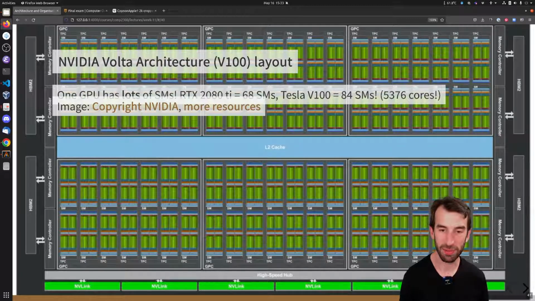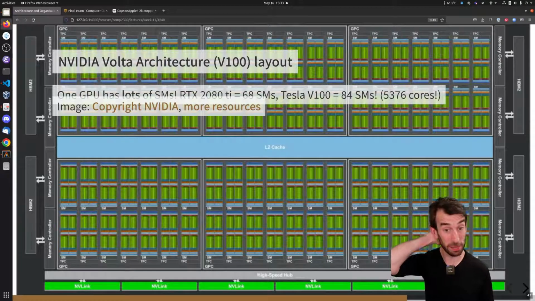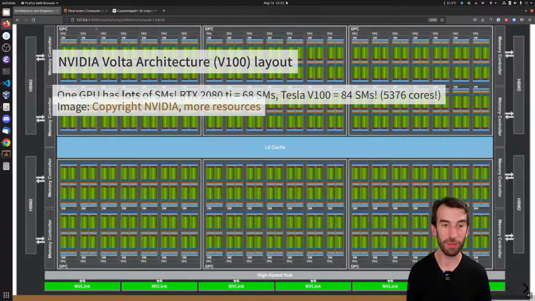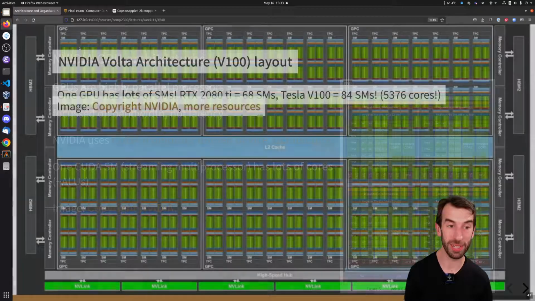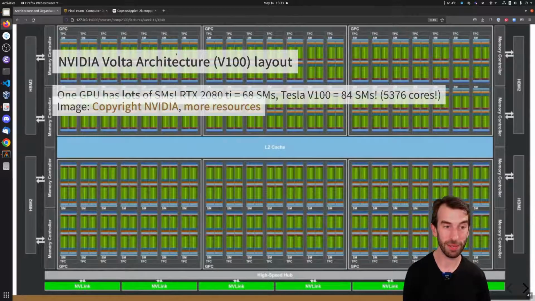This is a Tesla V100 GPU, which has 84 of these SMs. So that was one SM, which already had heaps of ALUs in it. And now we've got all of these different SMs in different little blocks. And then a huge cache, and then some huge connections to memory at either side. A lot of buses happening in that GPU.